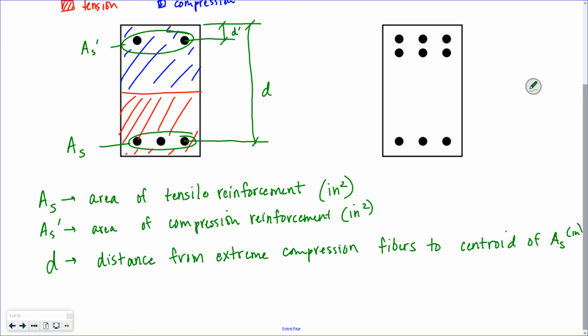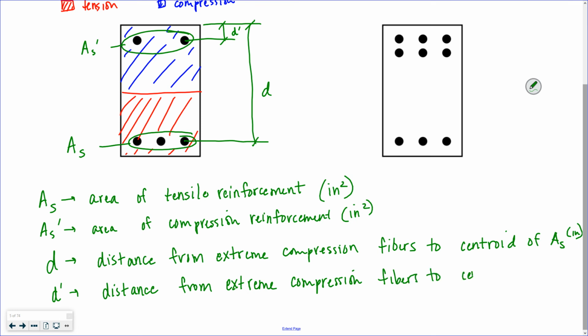That's in inches. And then my D prime is the distance from the extreme compression fibers to the centroid of my compressive steel, AS prime. That's also going to be in inches.